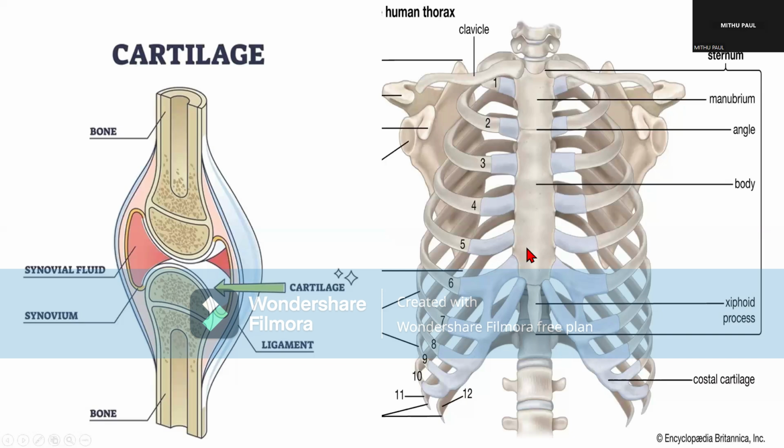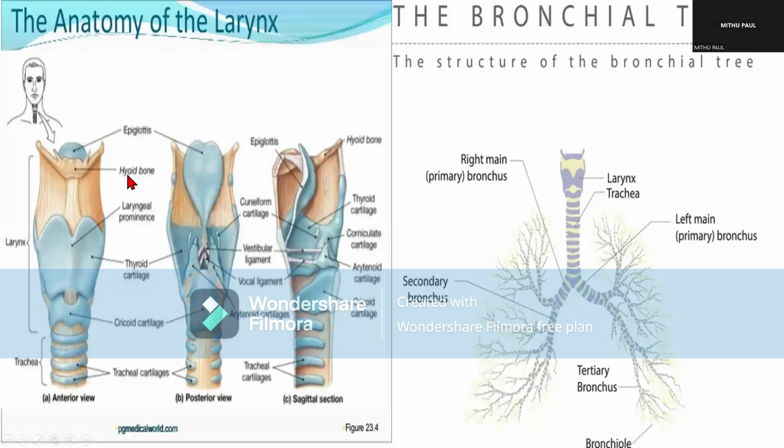Now see, this is the rib cage. These are the 12 pairs of ribs coming from either side, meeting the sternum. The anterior ends of the ribs articulating with the sternum remain cartilaginous, and they are called the costal cartilages, costi meaning rib.